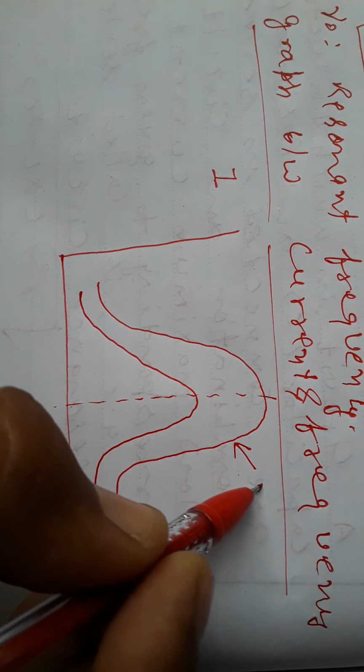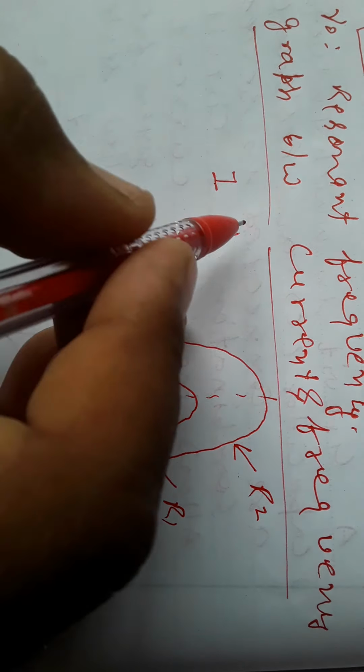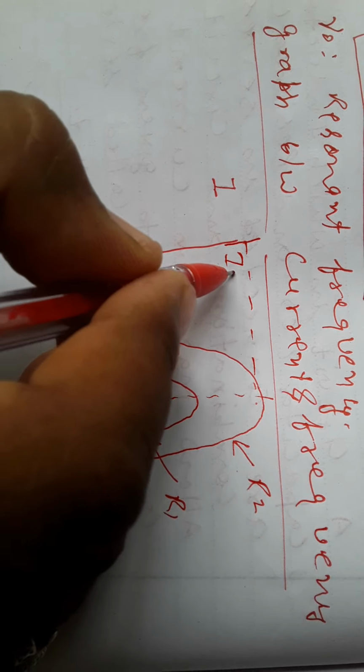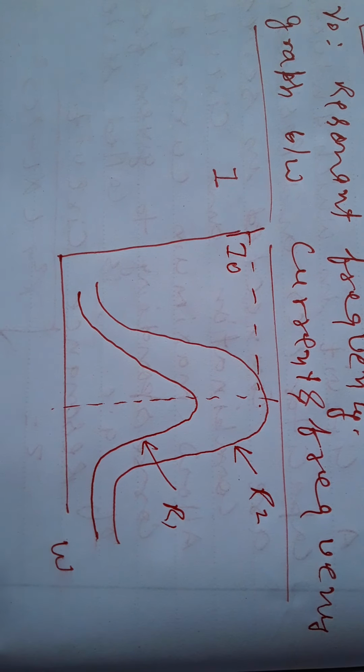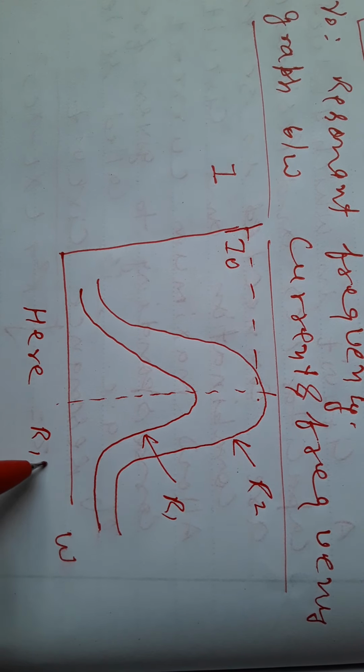This is for resistance R2, and for the resistance R1, this is current I0. Here R1 is greater than R2.